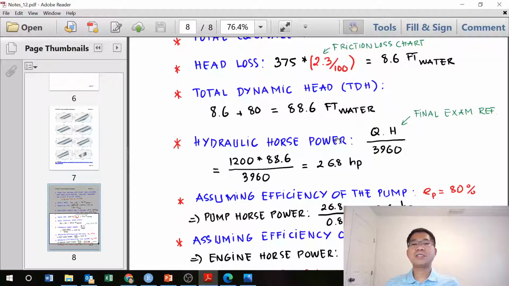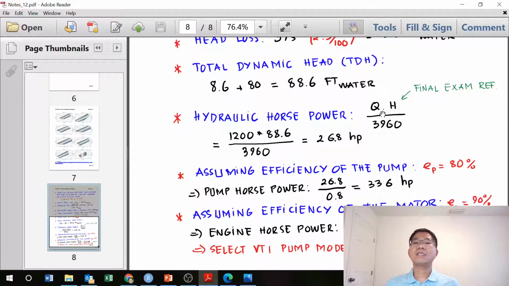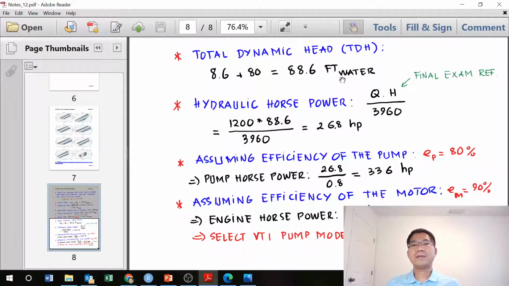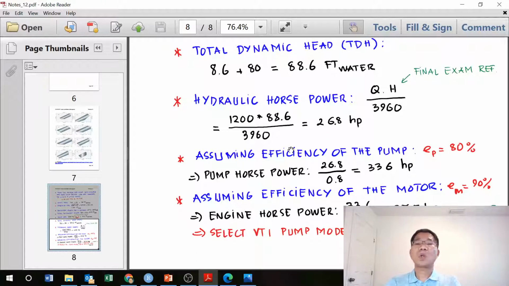Then with this equation from the final exam reference, the very first page, you will see QH over 3960, which converts from feet of water to horsepower, basically a unit conversion with the gallons per minute. Q is the flow, 1200 gallons per minute, times 88.6 feet of water, divided by 3960, we get 26.8 horsepower.